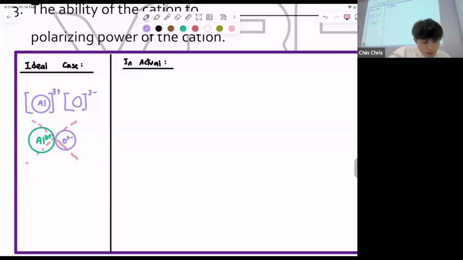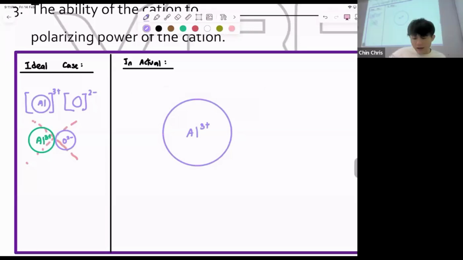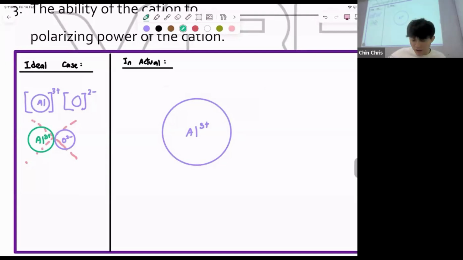Okay, so I want you guys to draw your Al3+ and O2-. When you put it side by side to your Al3+, the electron cloud in your O2- will get dragged into the Al3+.